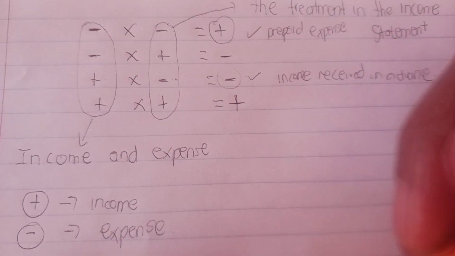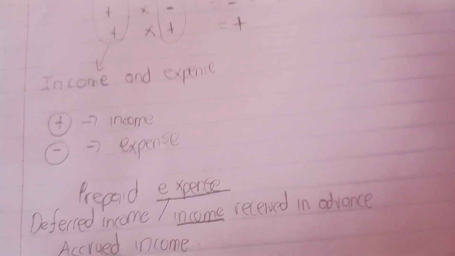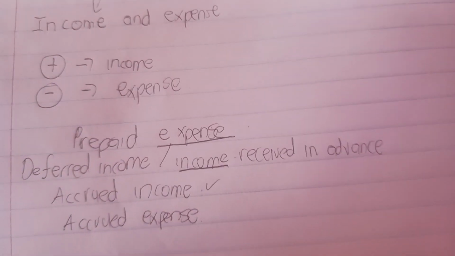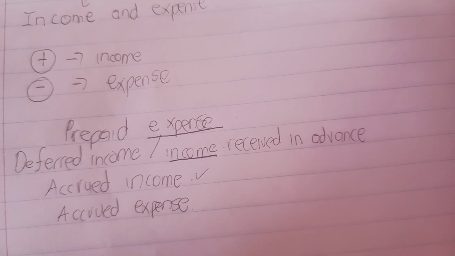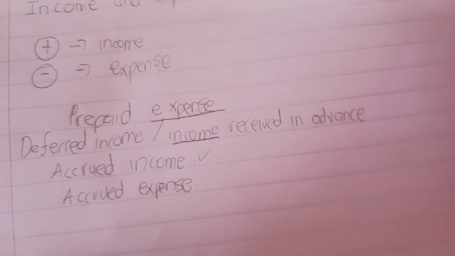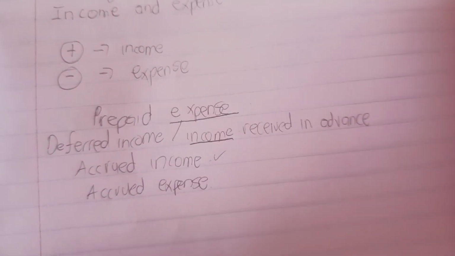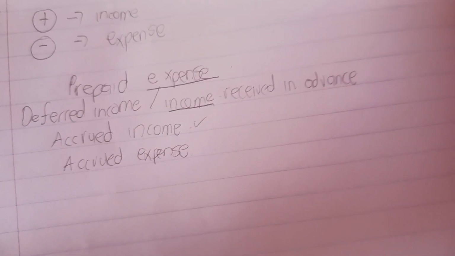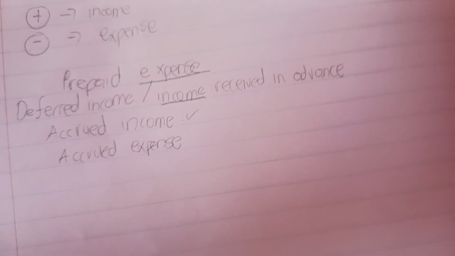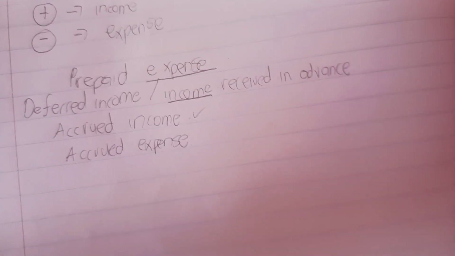Right? So now let's look at accrued income or receivable income. So for this one, it's very easy, very straightforward because it's income receivable. So basically, you have a tenant. This person paid for 11 months but there's 12 months in a year. So at the end of the year, there's still one month that's outstanding, so he hasn't paid in that month. So it becomes income receivable because you still are in a position to receive that income, yet you haven't received it.